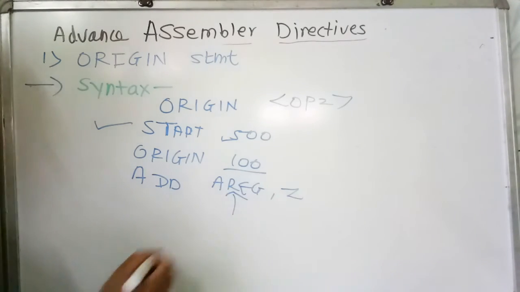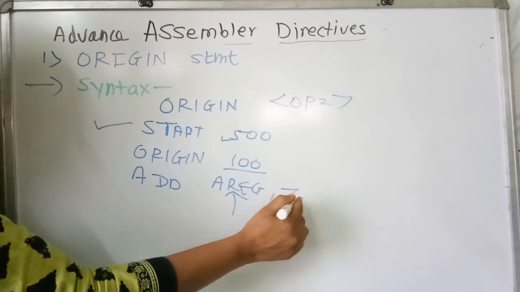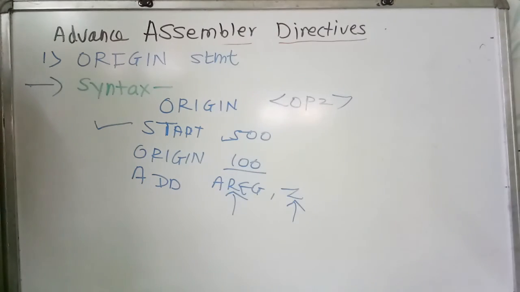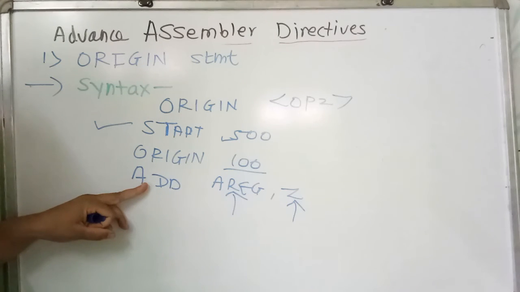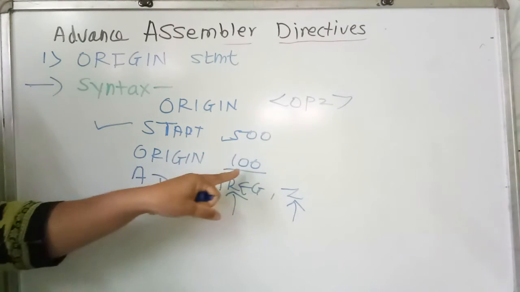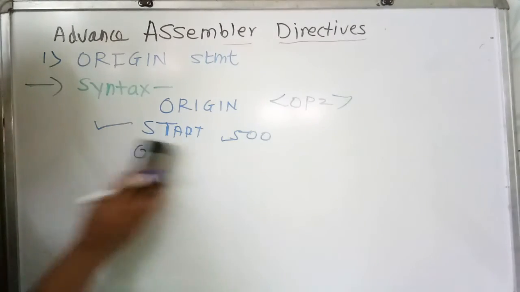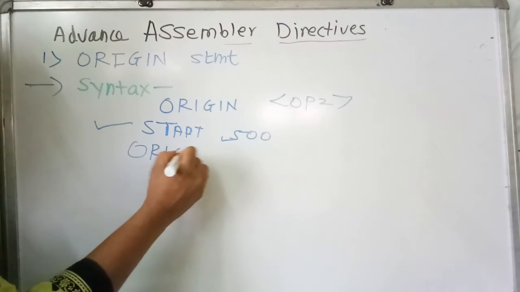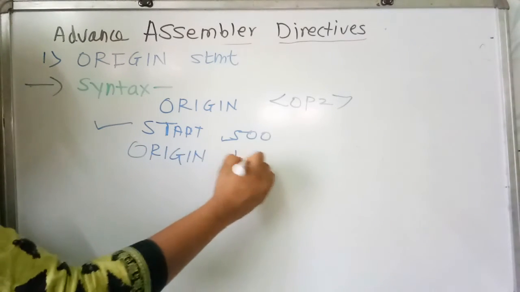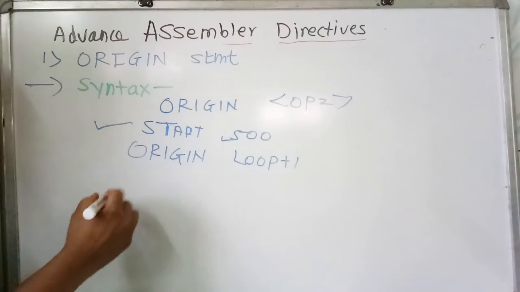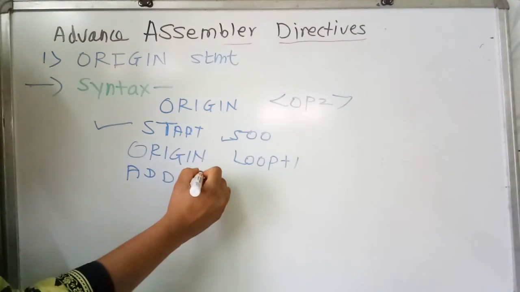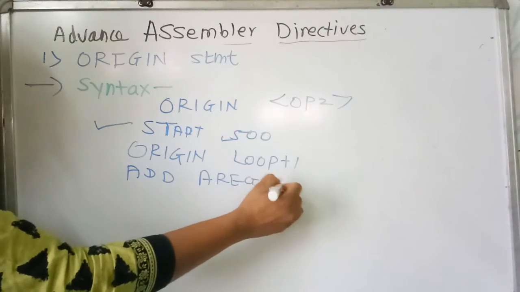As we all know, this is the memory register and this is the value stored externally. So what does this add give us? The address of add is nothing but 100 in the target program. Suppose we take one example like origin loop plus 1, and we list add, then a register and q.